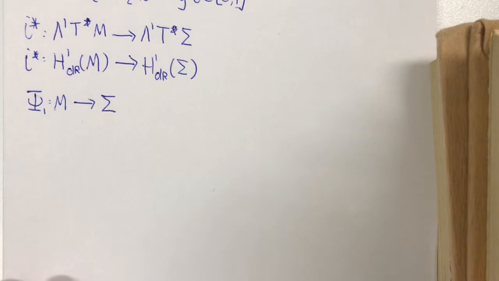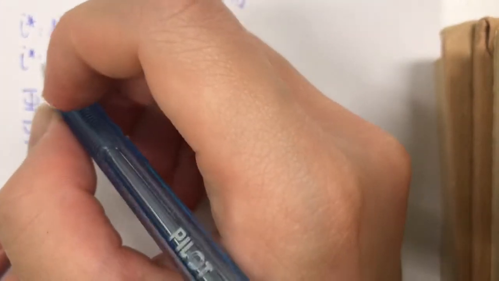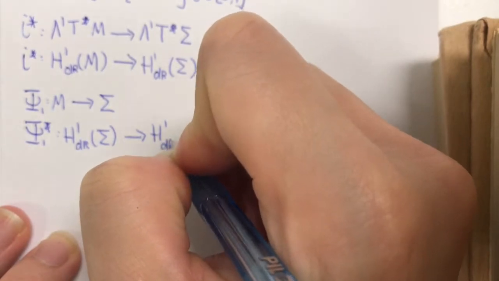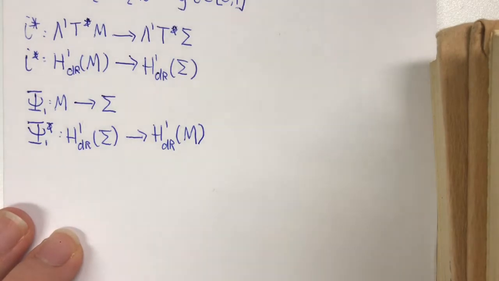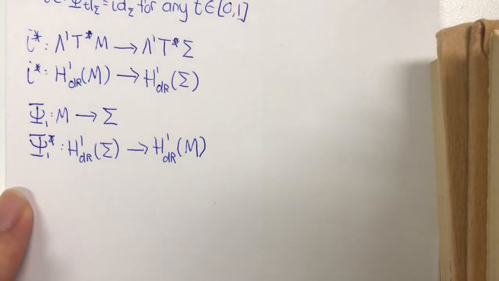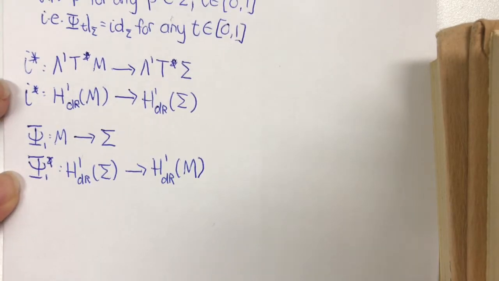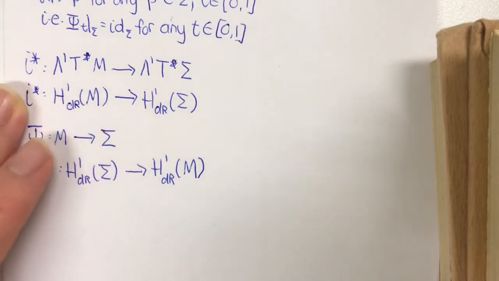So this in turn would also induce a pullback map of the de Rham cohomology group of sigma to the de Rham cohomology group of M. And the key idea to prove the invariance under deformation retracts is to prove that psi 1 star and I star actually are inverses of each other between the de Rham cohomology groups.